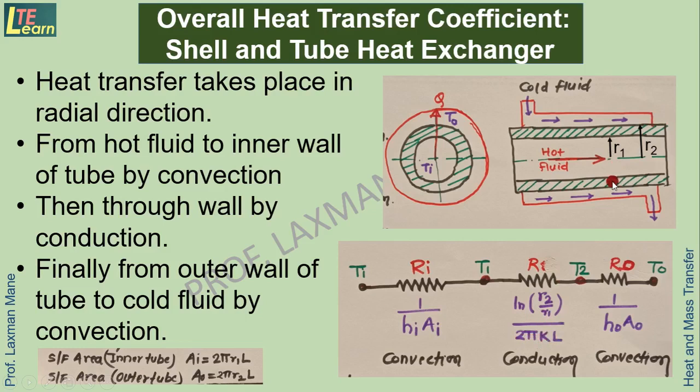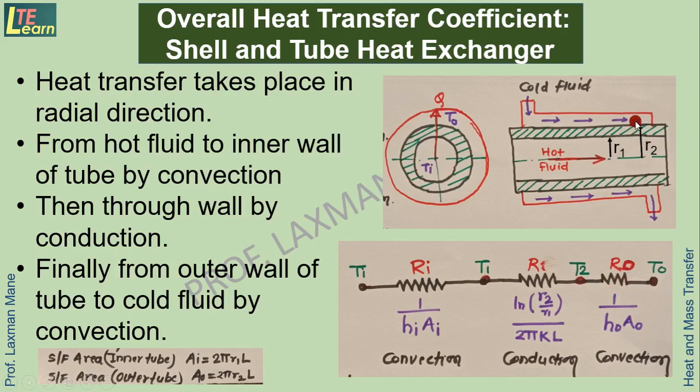K is the thermal conductivity of the tube wall material. L is the length of the tube. Here the temperature difference is T2 and T1. T1 is the inner surface temperature of the tube and T2 is the outer surface temperature of the tube.